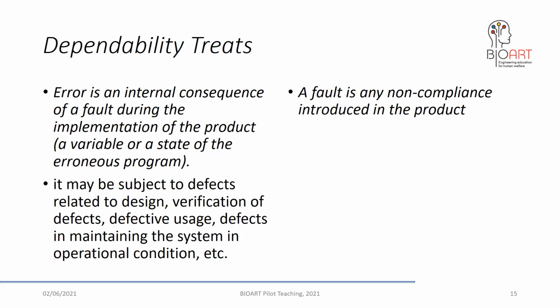The other term which is different is error. Error is an internal consequence of a fault during the implementation of the product. It may be subject to defects related to design, verification defects, defective usage, defects in maintaining the system in operational conditions, and so on.